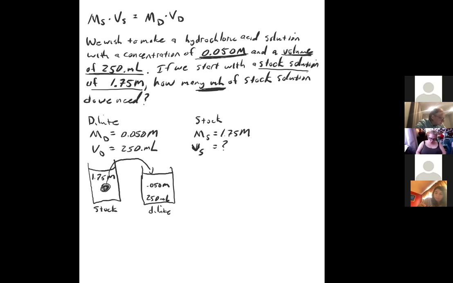So let's use the equation: MS times VS equals MD times VD. We're asked for the milliliters of stock solution, so that means we're trying to figure this one out here. So what you do is you divide both sides by the molarity of the stock.